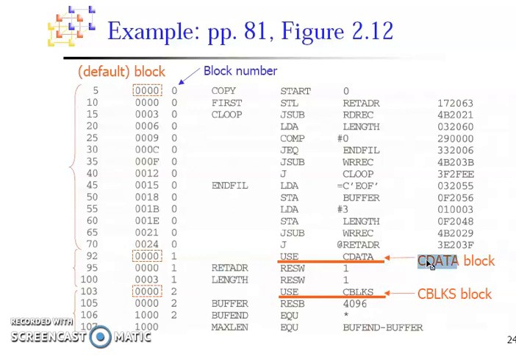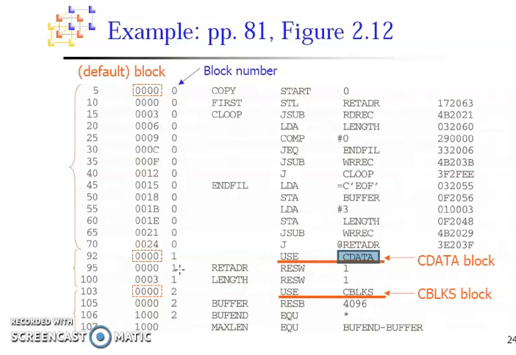In order to distinguish between the different blocks, we make use of an assembler directive called use. So use CData means it will be using a block named CData. Use, if no name is mentioned, means it will be treated as the default block.